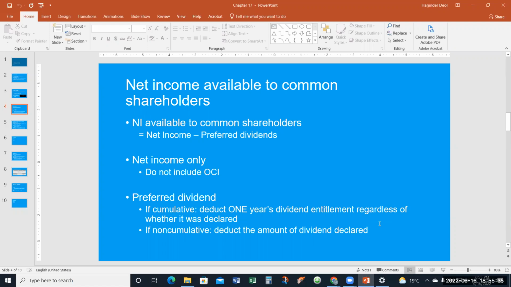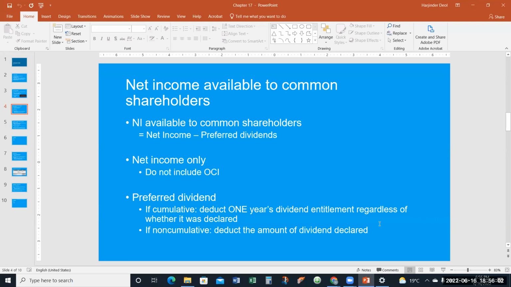If the preferred shares are non-cumulative, then you only subtract the amount of dividends that's actually declared. There too, with the wording, we can play around. The company declared dividends totaling $60,000 on the preferred shares, out of which half have not yet been paid. We don't care how much the company has actually paid.